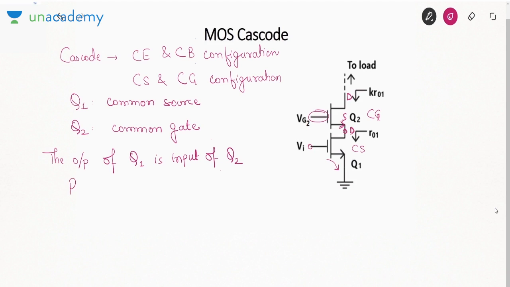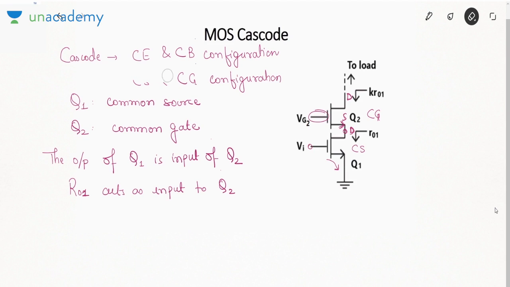So can I say this? R01 acts as input to Q2. Is it fine? So what we will do is, we will replace the entire first transistor by a resistor when we are analyzing the second transistor. So let us see how we can draw the model.